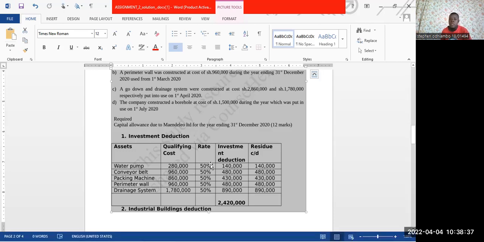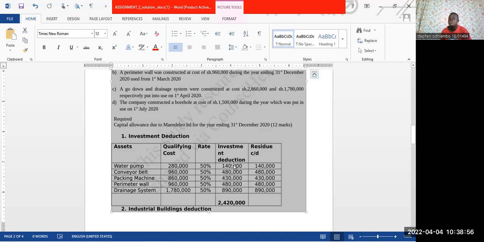So if you start calculating, 50% of this is like getting a half of this, you'll be getting 140,000. The residue, after getting the 50% rate, is what is remaining. If you take 50% of 280, you'll be getting 140.